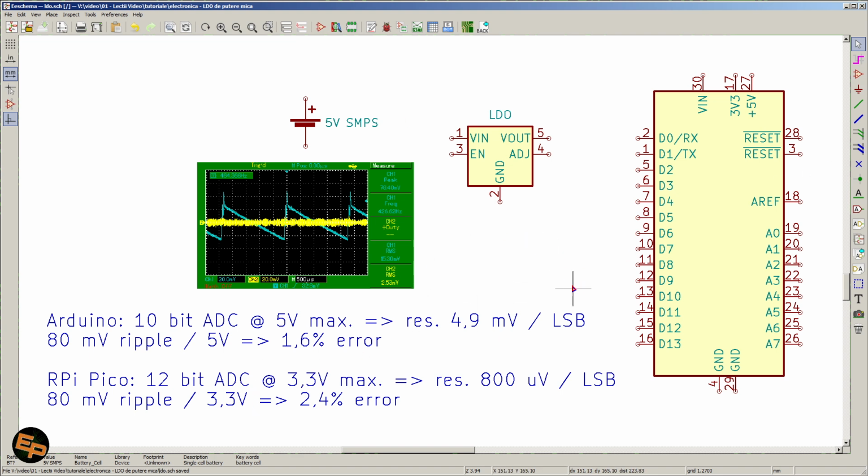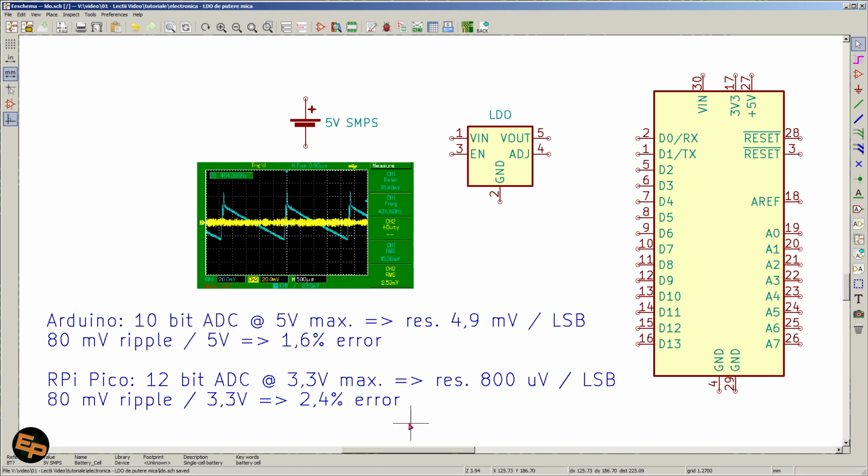The board has a step-down converter from 5 to 3.3 volts. So 80 millivolts of ripple relative to 3.3 volts would be 2.4% error. This can be significant.